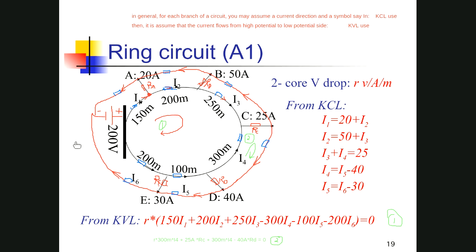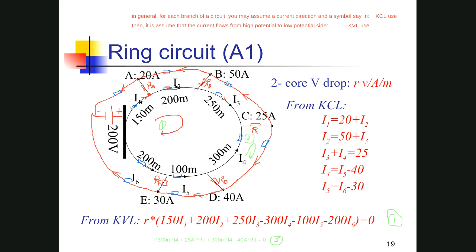So if you use loop 2, you can establish equations based on Kirchhoff's voltage law. That is the per meter resistance, 300 meters long, with current I4, the voltage drop in the inner part, and then 25 amperes going through load C, RC, plus 300 meters times I4.